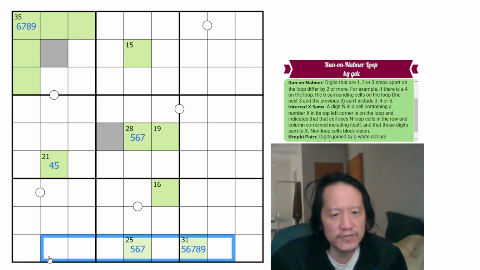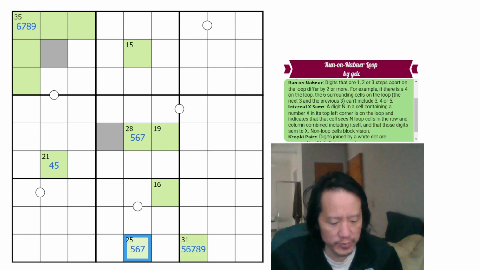You cannot have 7, 6, or 8 in any of the rest of the cells. So it would have to be specifically 1, 2, 3, 4, 5, 7, and 9, which is 15 plus 7, which is 22 plus 9, which is 31. So this can never be 7.